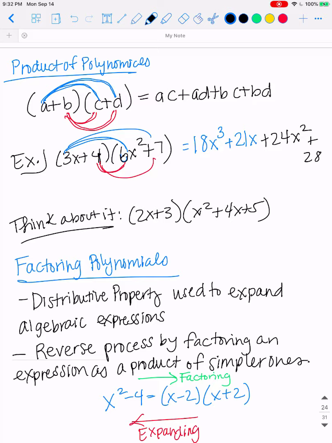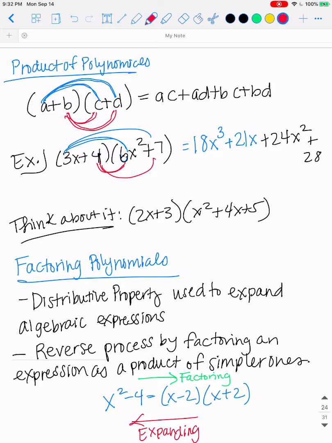Okay, and here's another one. You can think about how to solve that, and I'll give you some time to pause the video. Okay, I'm not going to solve it, but I'll show how to draw the arrows.